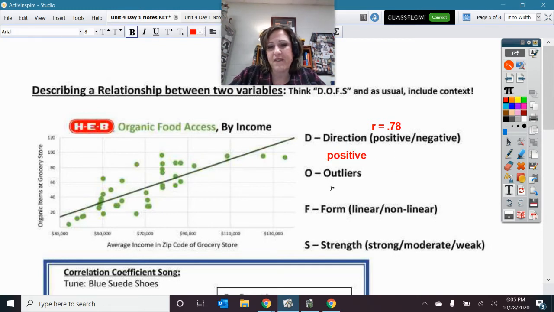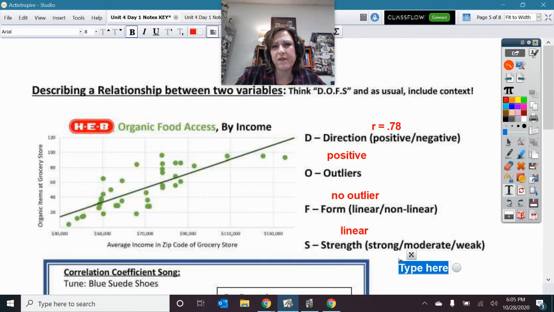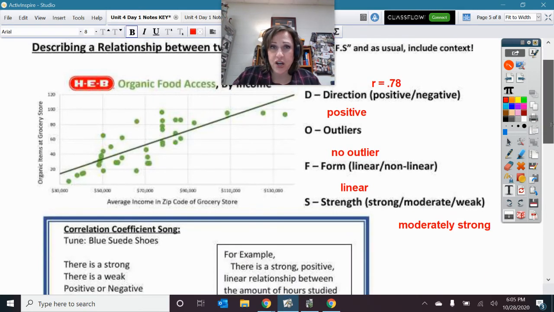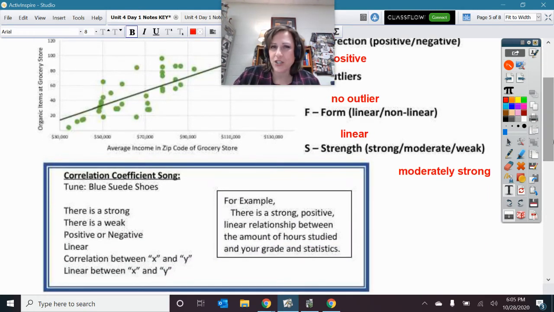I don't think we really have any outliers. The form is fairly linear. And then the strength. With a 0.78, I'd say moderately strong.